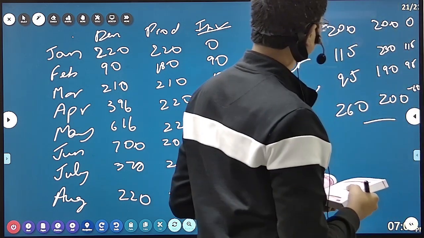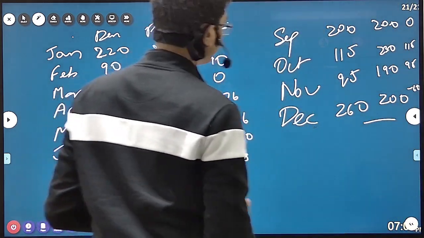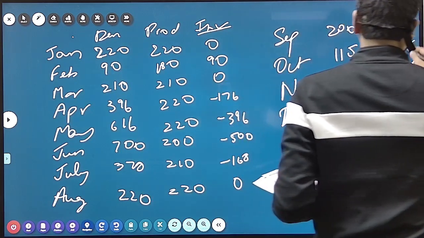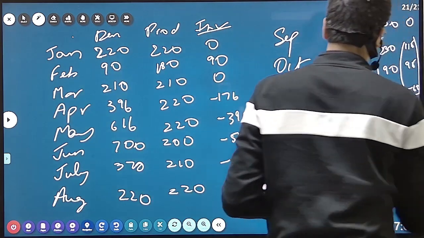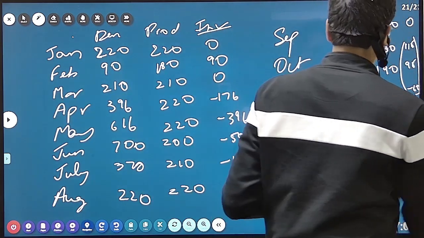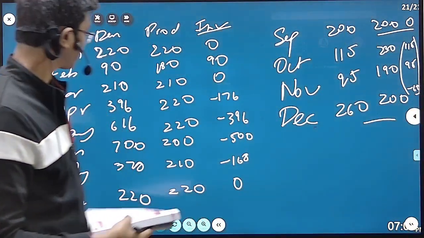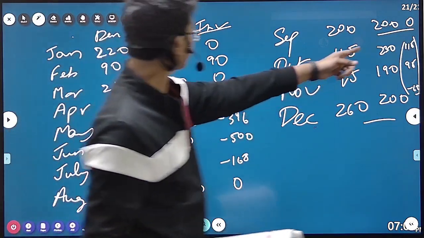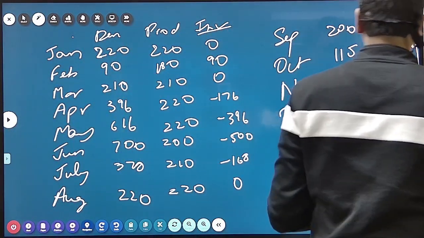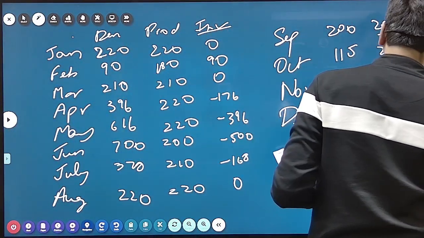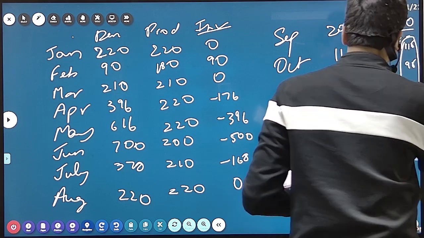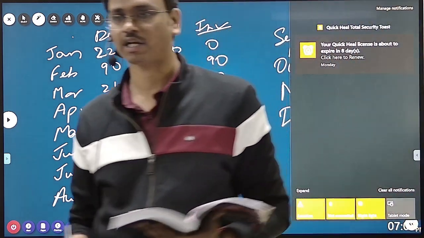Okay, so if you sum these three, here it is 0. Till here you are getting a 0 inventory change. So if you sum, you will get 150. So 150 is going to be left in your inventory at the end of the year.